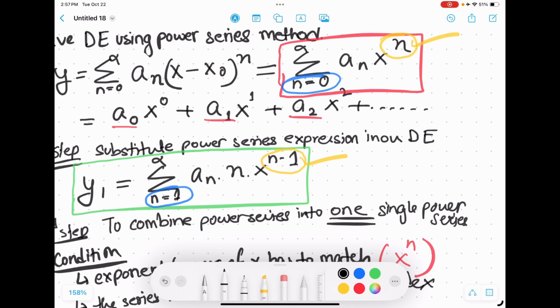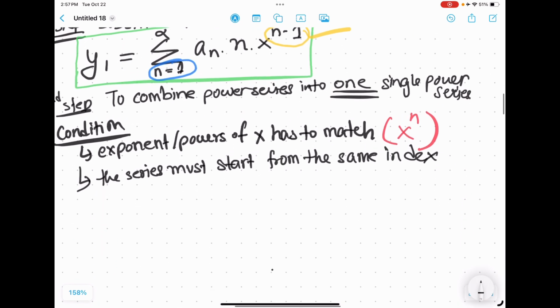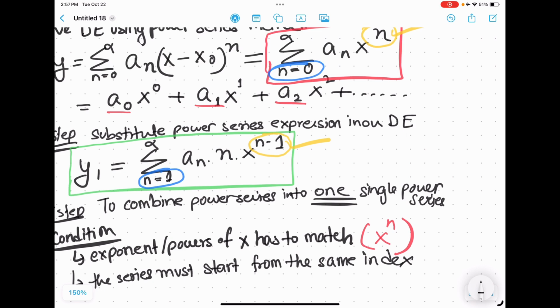Again, conventionally, we always try to keep the larger starting index number, and change the lower starting index number to a larger number. So for example, if one of my power series was this one and the other power series was this one, I'll keep this starting index and I'll try to start my power series index from 1 for the first one.